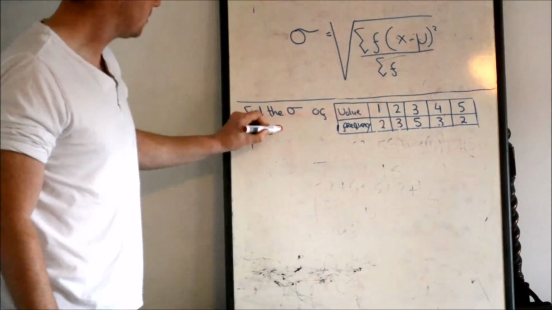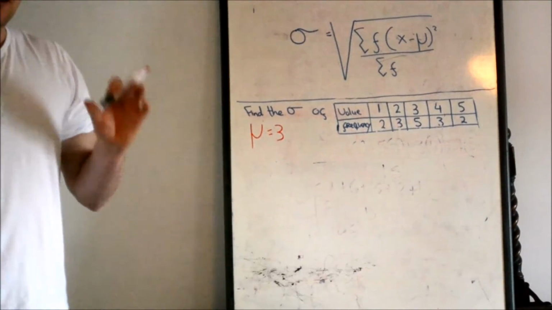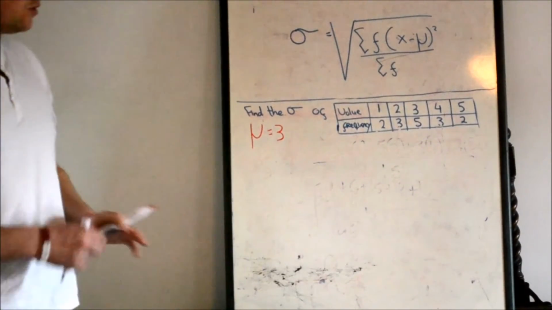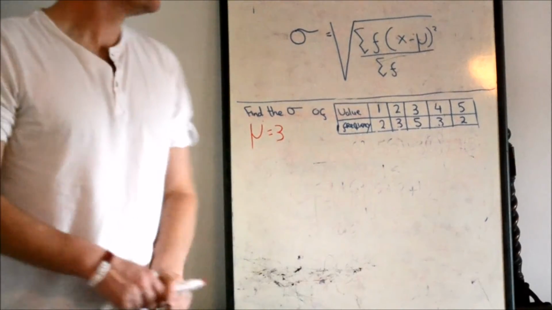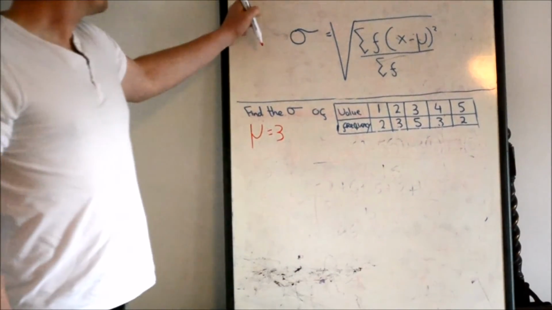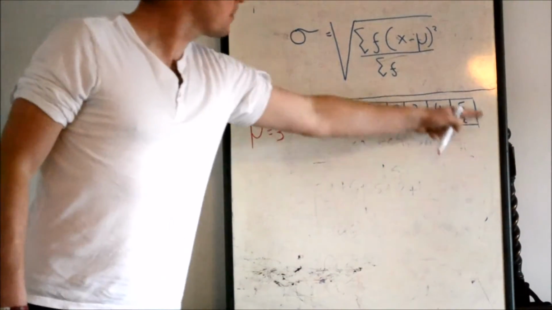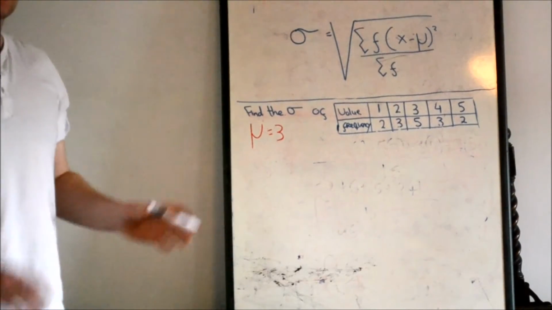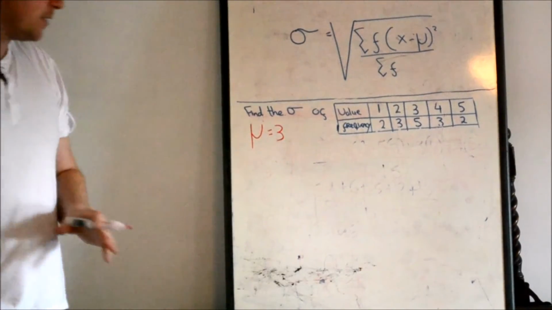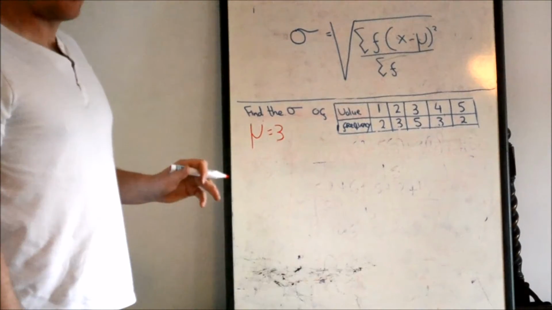Mean equals 3. Okay, our next step now, and this goes for all the questions you do if you're asked to find the standard deviation of a frequency table. You're going to draw a table of your own, okay? It's going to have 5 columns.